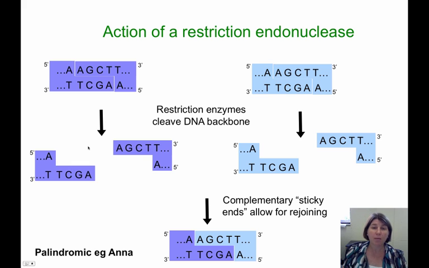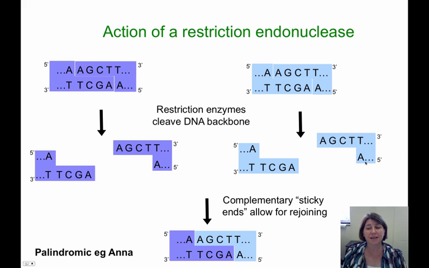But these 2 pieces of DNA are no longer joined together. So if we do this in this dark blue piece of DNA, and then in this light blue piece of DNA, which has a similar sequence in it, we also digest that with the restriction enzyme HinD3, we will end up with similar sticky ends.